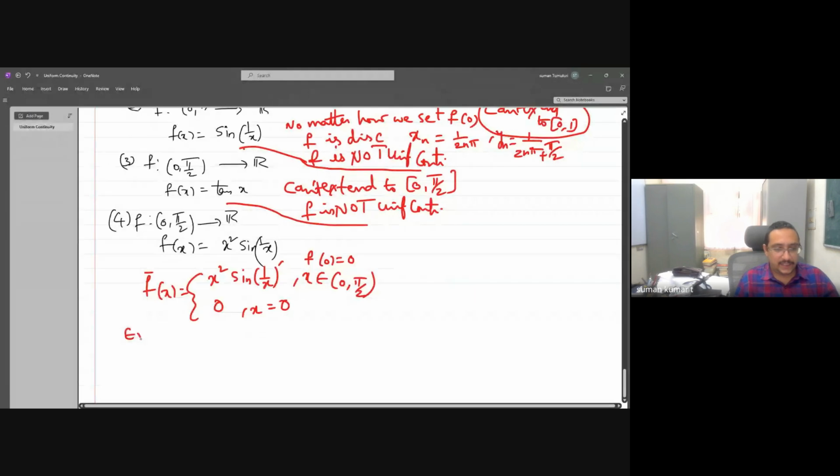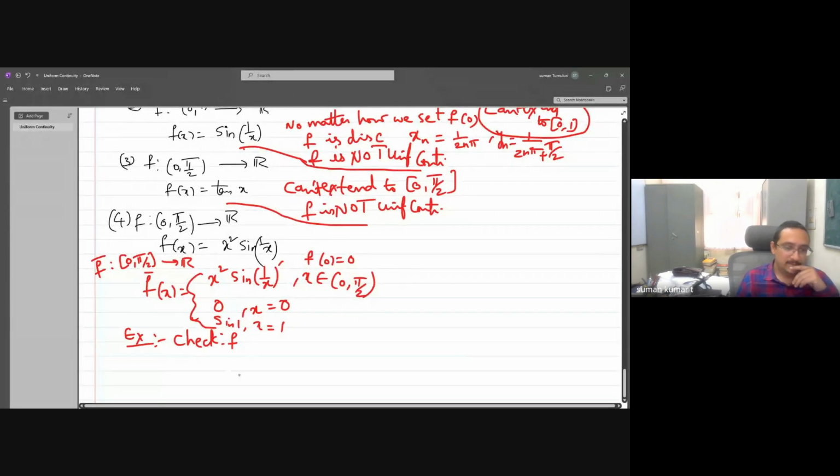A trivial exercise for you is to check, of course, at the other endpoint, how do you define? Sine 1 when x equal to 1. Now, what about this f bar? F bar is a function from the closed interval 0 to pi by 2 to R. So, check that this f bar is continuous. Since you can extend it to a continuous function, this f is uniformly continuous.